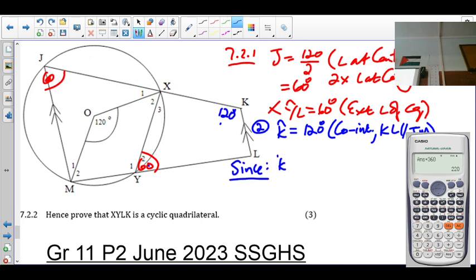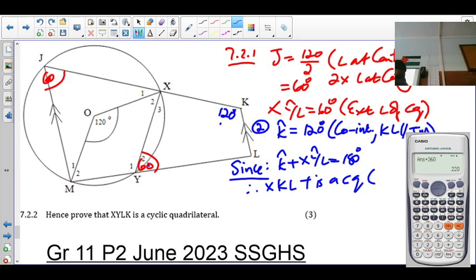Since angle K plus XYL, or you could have said Y2, is equal to 180, therefore XKLY is a cyclic quad. Why? Because opposite angles are supplementary. Well, you can't say opposite angles of cyclic quad.